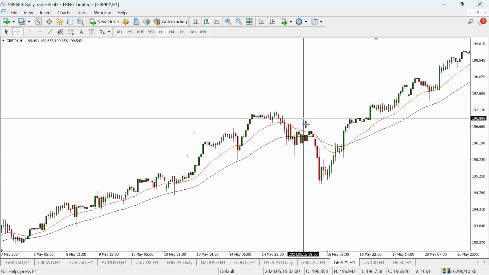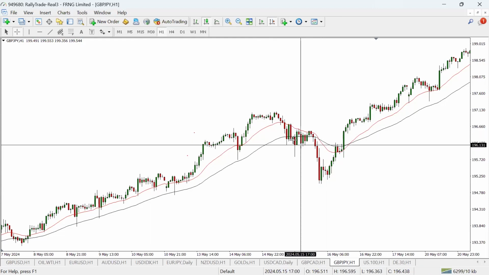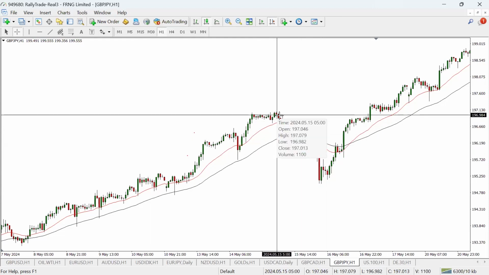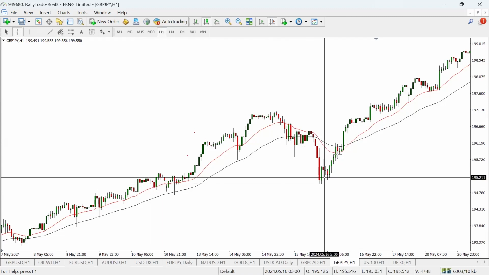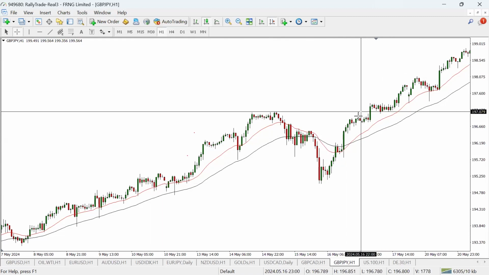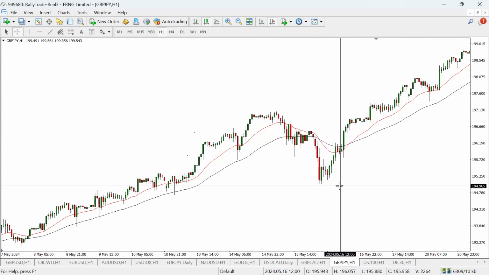This is actually a fake out of the whole trend. The trend was kind of depicting a change, but what happened? It failed and it continued pushing towards the upside. So you need to be very careful and know that you're using a pending order.